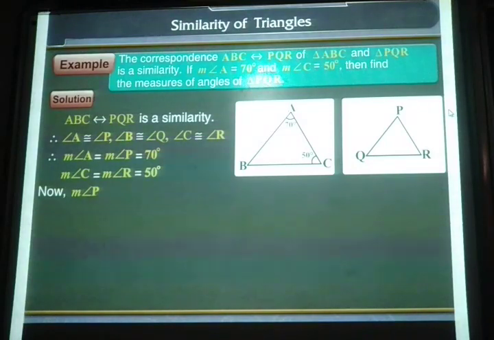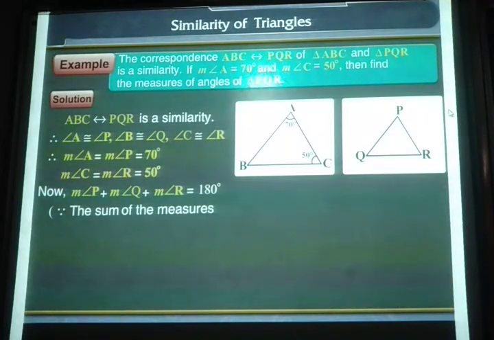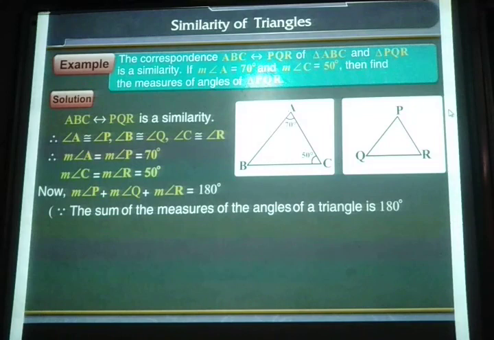Now, measure angle P plus measure angle Q plus measure angle R is equal to 180 degrees, because the sum of the measures of the angles of a triangle is 180 degrees. Therefore, 70 degrees plus measure angle Q plus 50 degrees is equal to 180 degrees.